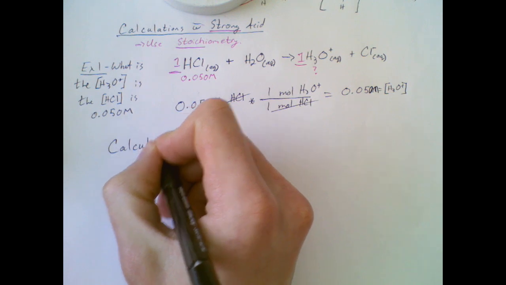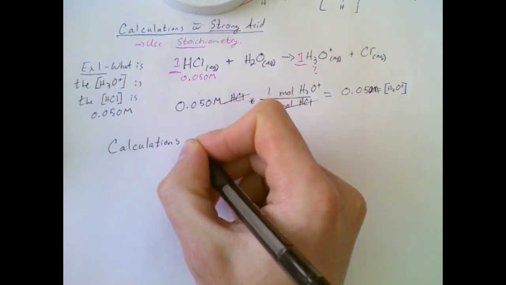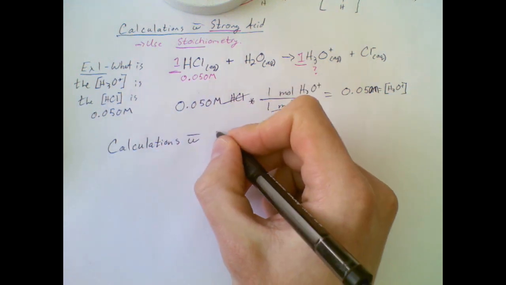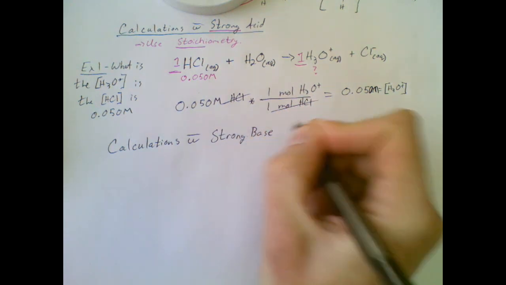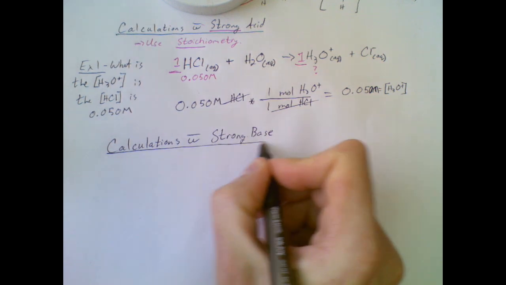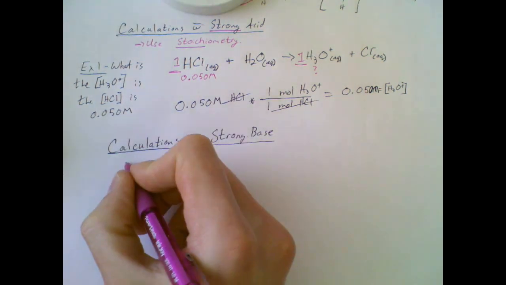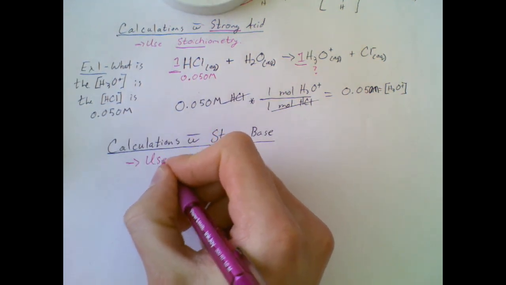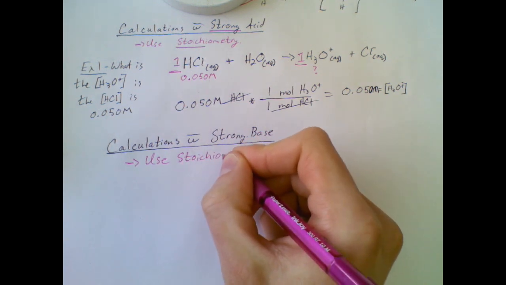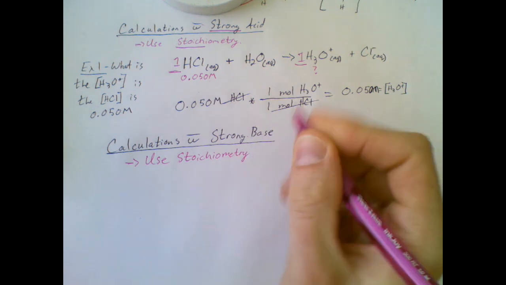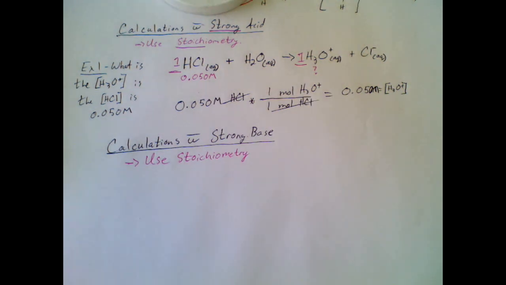So let's take a look at how this changes when we're dealing with a base. We're going to look at calculations when we're dealing with a strong base. Now, the calculation itself is going to look really similar. We're going to use stoich, because it's still that total movement towards products with no reactants left over.